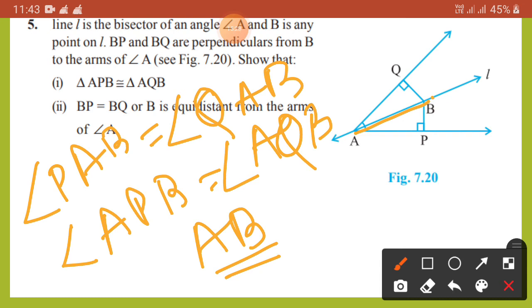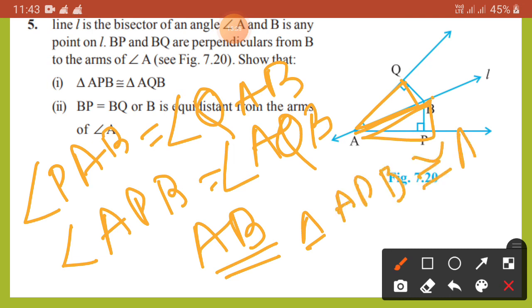So triangle APB is congruent to triangle AQB.